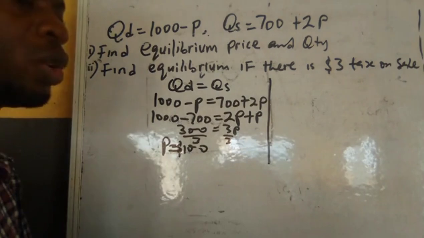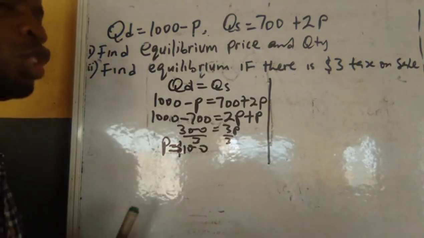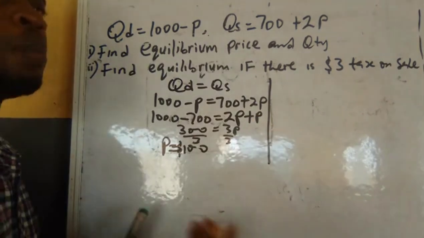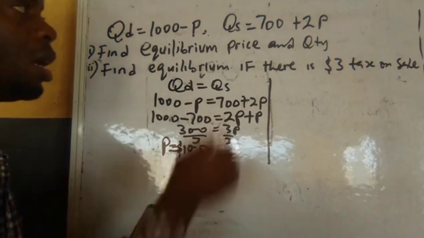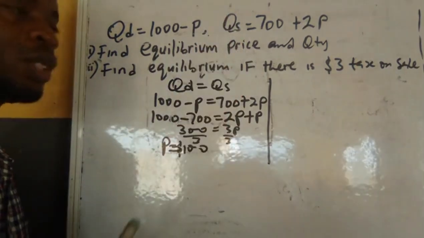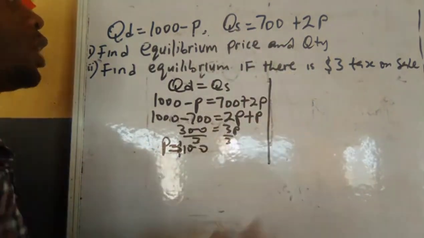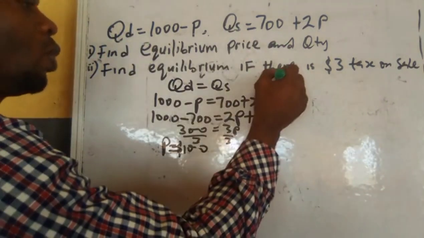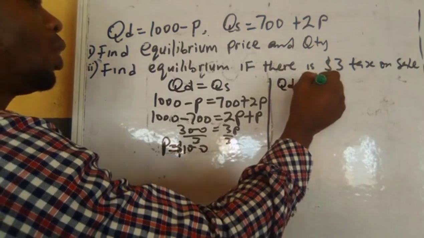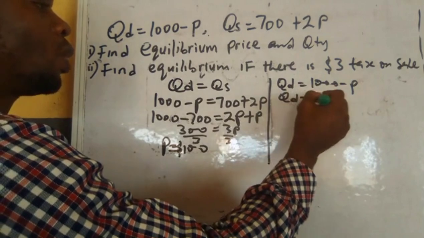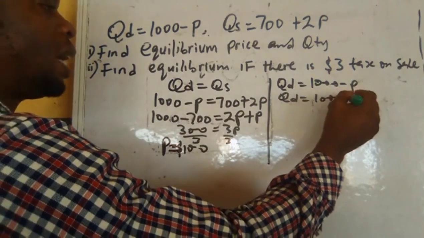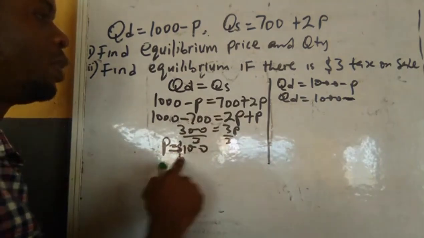So how do you get my equilibrium quantity? You just pick any of these two equations. You can pick the quantity demanded equation. You can pick the supply function. So I'm picking any one. Which one should I pick now? Okay, let me pick the quantity demanded, which is QD equals 1000 minus P. So I'll say my QD equals 1000 minus, and I will now substitute what the value of P is.